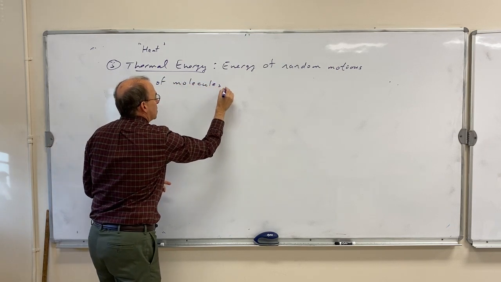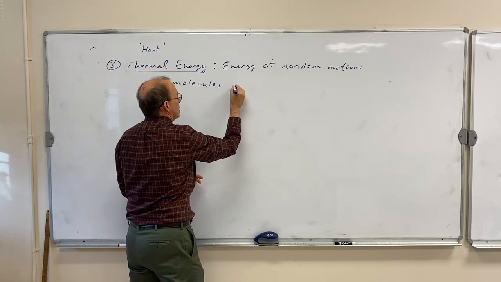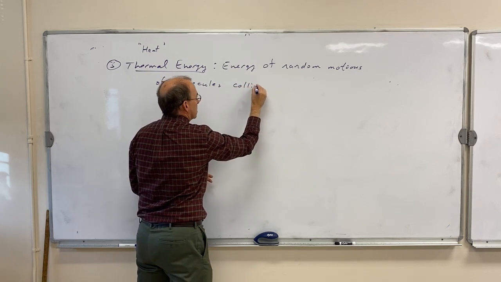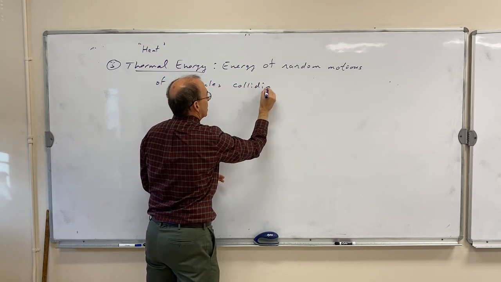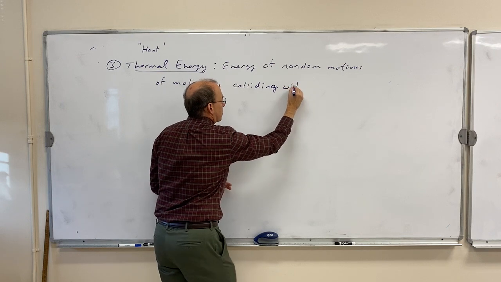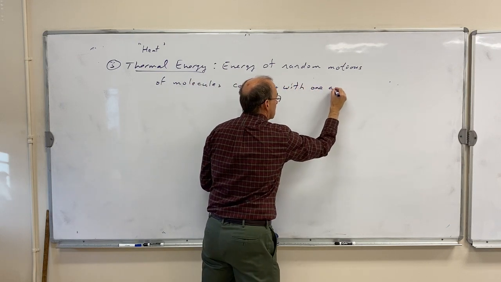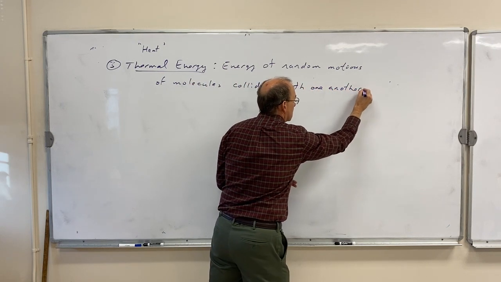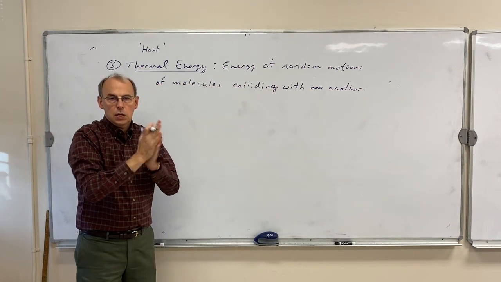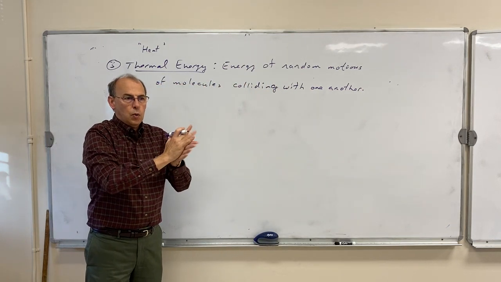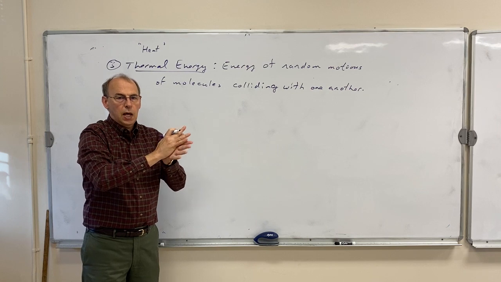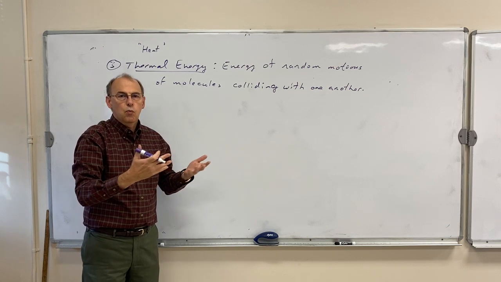Not just the random motions, but random motions of molecules colliding with each other. So when you rub your hands together and they get warm, it's the motion of the molecules colliding with each other that causes the warmth.